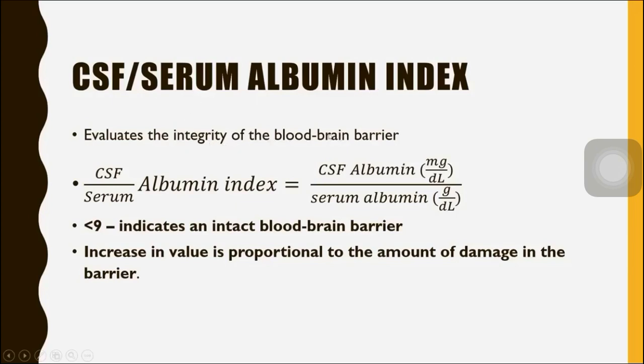The formula is CSF albumin over serum albumin. The normal result should be less than 9, which indicates an intact blood-brain barrier. So the elevation of protein may be due to production of protein within the CNS itself. The increase in value is proportional to the amount of damage in the barrier.